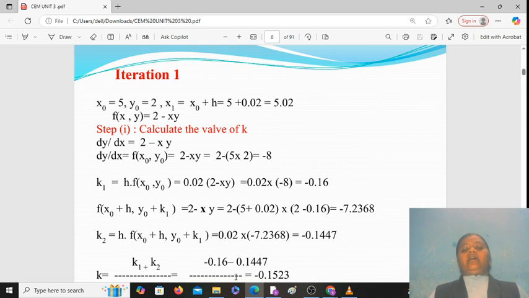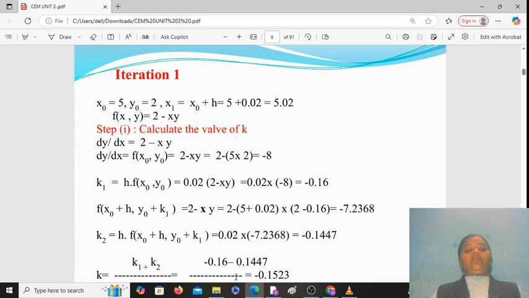We got the answer minus 0.16. f(x0 plus h, y0 plus k1) is 2 minus xy, which is 2 minus (5 plus 0.02) into (2 minus 0.16), which is equal to minus 7.2368.